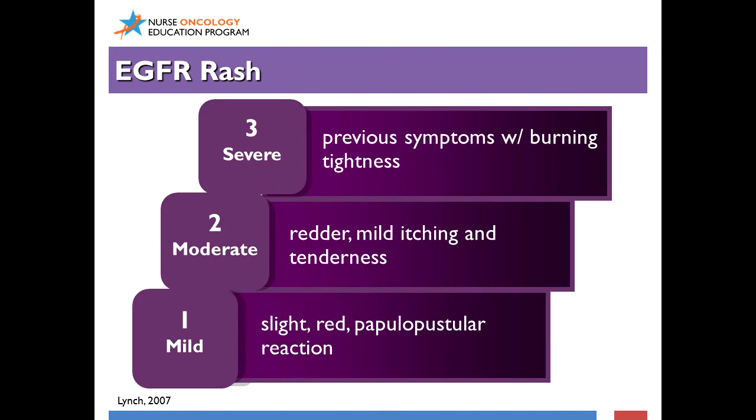And what's interesting to note is that several studies have demonstrated a positive correlation between rash and tumor response and survival. And so it's important for us as nurses to keep our patients on therapy, and if they start to experience this rash, for us to intervene when it's still at the mild level and hopefully not progress to moderate or severe so we can keep them on therapy.